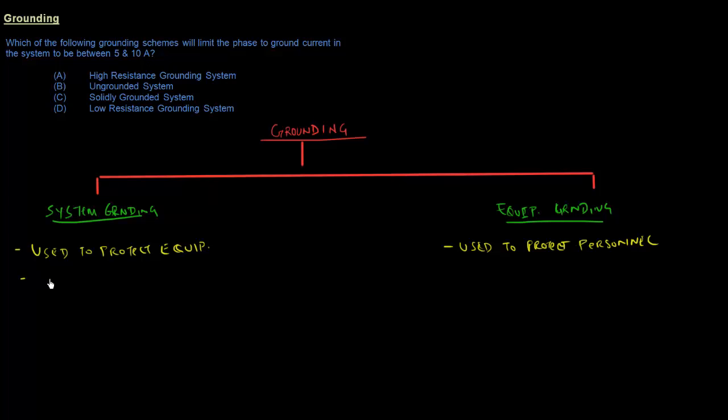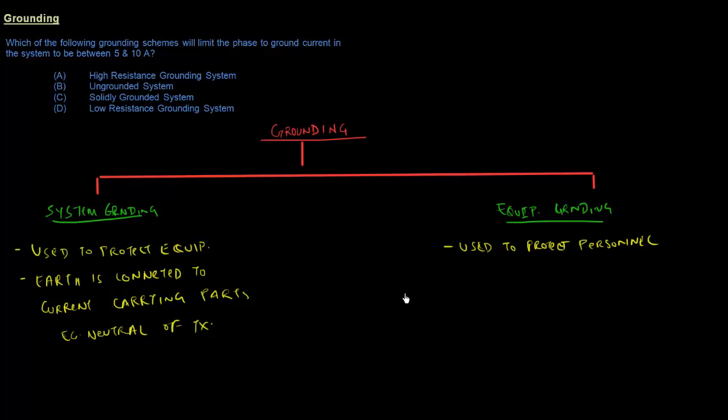Also, system grounding is where the earth is connected to current carrying paths, for example, the neutral of a transformer.